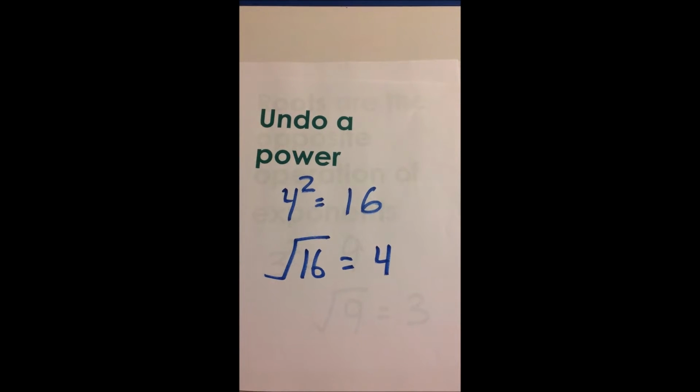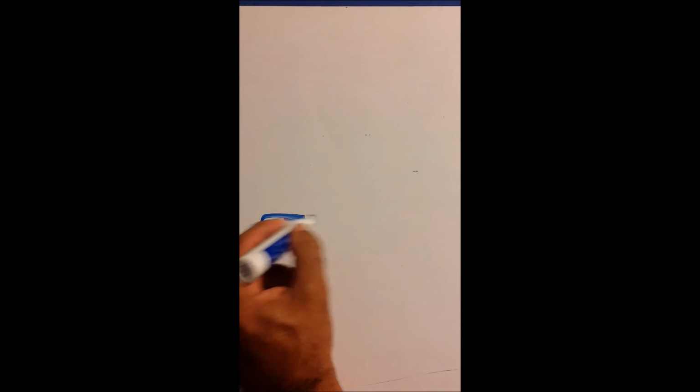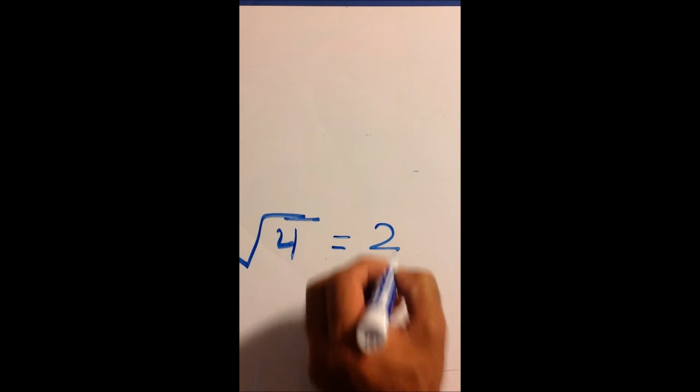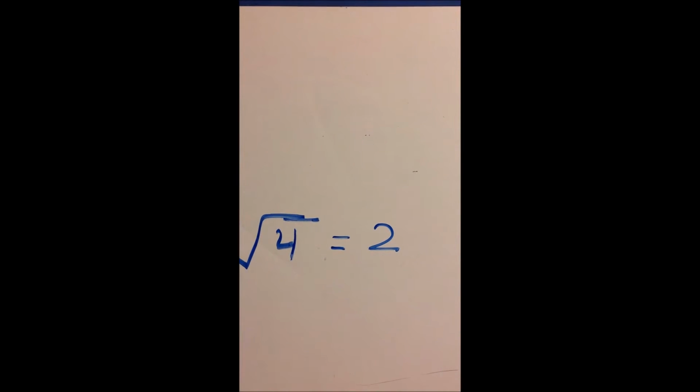Okay, so let's compare a square root to the nearest integer. Let's say I had the square root of 4. Well, we know the square root of 4 is 2, so that's the integer. But if I had the square root of 3, what's the closest integer?